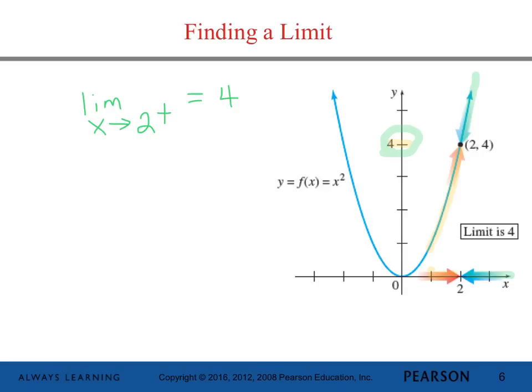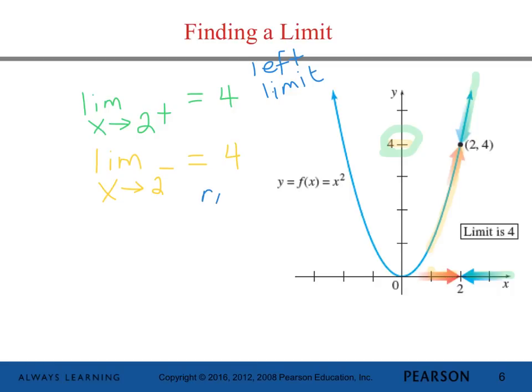And we also say the limit as x approaches 2 from the left, which is the negative side, numbers below 2, that limit is also equal to 4. So we call this one the left-hand limit, and we call this one the right limit.